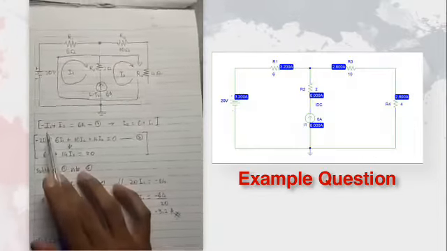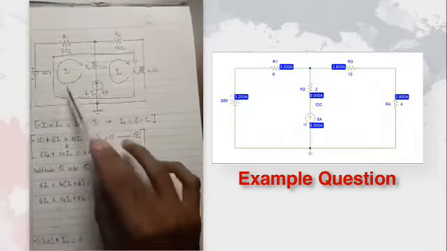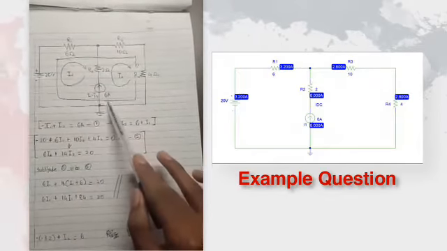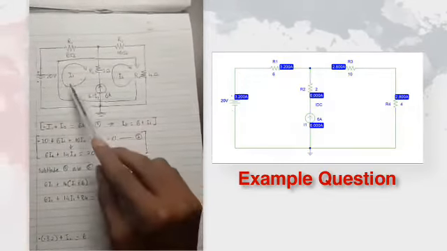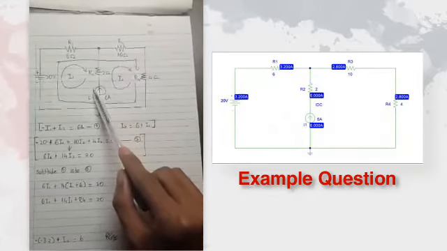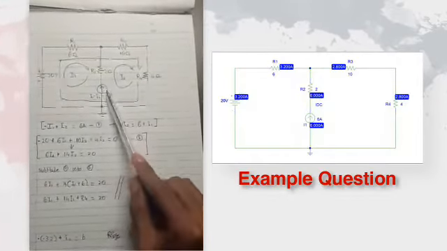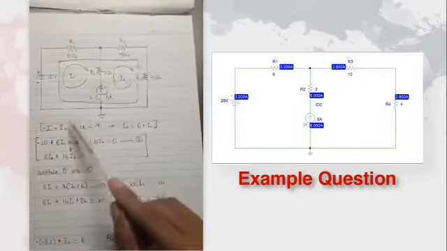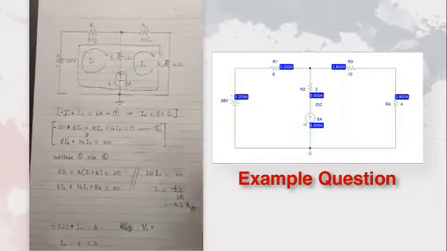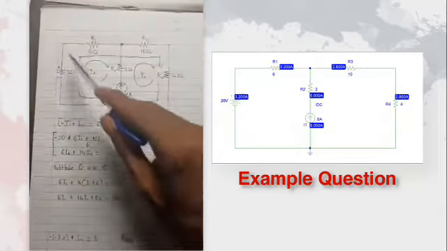Why negative I1? Because I1 and I2 both are sharing the 6 ampere. It is negative because here the current flow is moving opposite to this current. Plus I2 equals 6. So the second equation, as we said, becomes one series circuit.